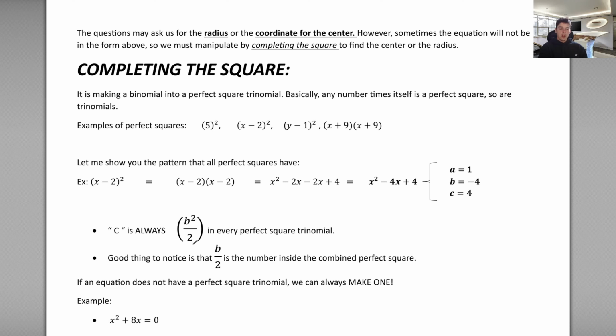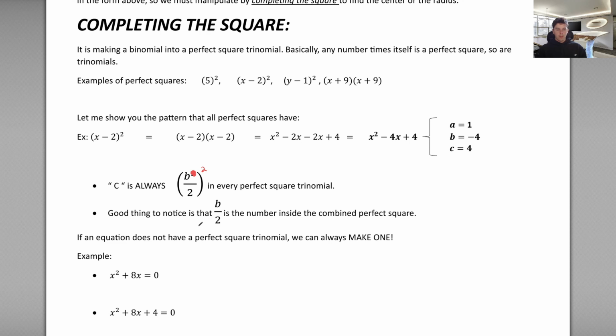And what we do is b over 2 squared, but this should be outside, not inside. So b over 2 squared. And b over 2 is the number that's going to be inside the perfect square when we create one. So as you can see, b over 2 squared, which in this case is negative 4 over 2 squared, is 4.